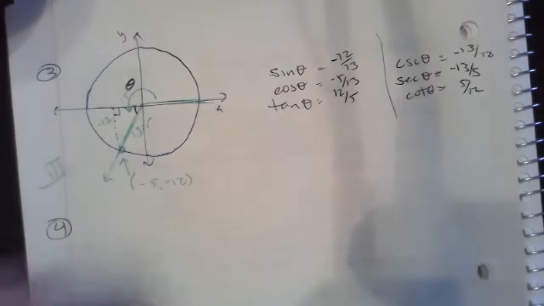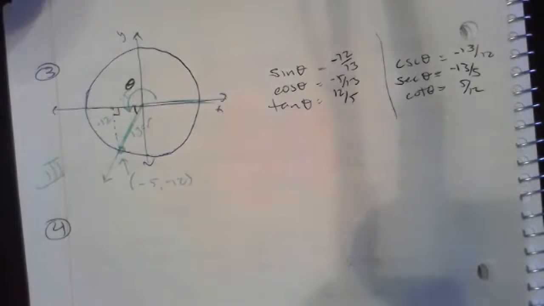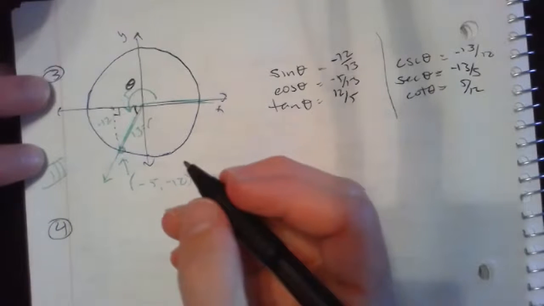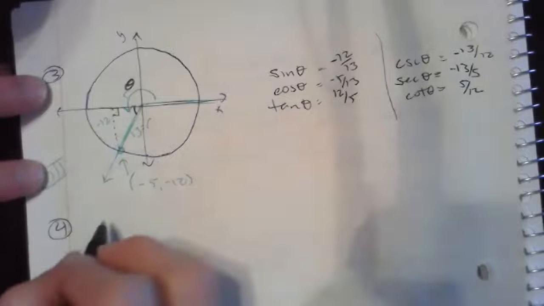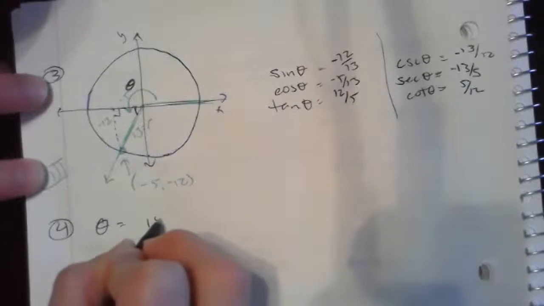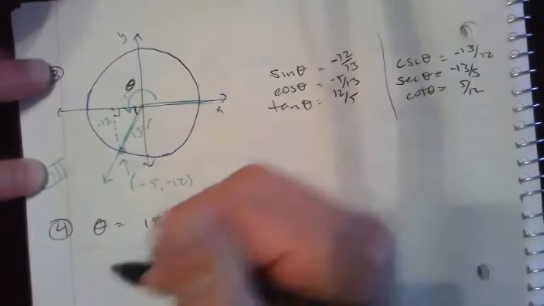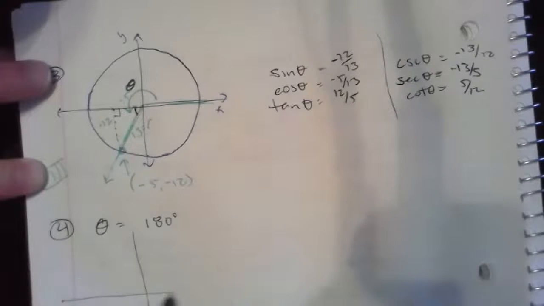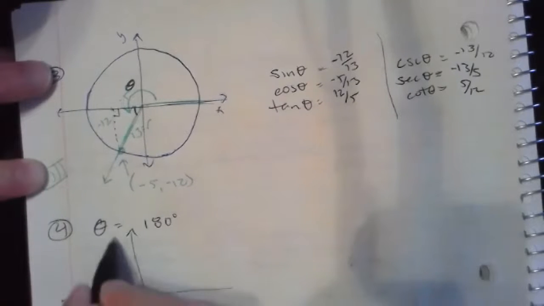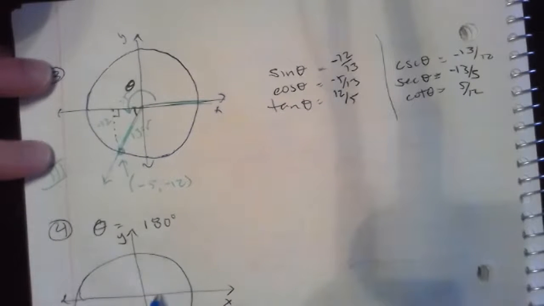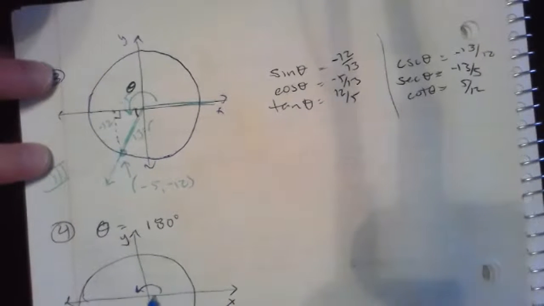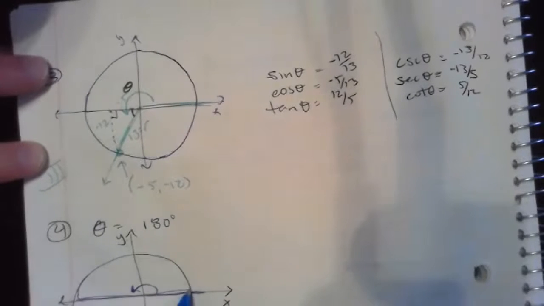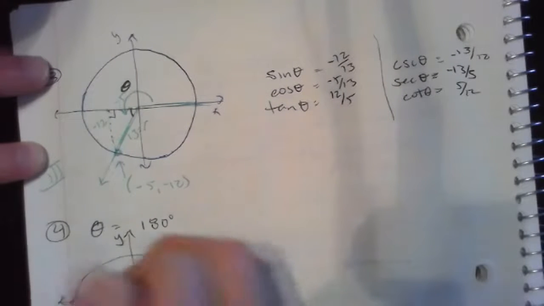Okay, a little bit more abstract. Use the unit circle to evaluate the 6 trig functions of 180 degrees. All right, well, let us draw out what 180 degrees is, even though the book doesn't do it for us in this case. So 180 degrees right here. We are talking about a beautiful straight line.